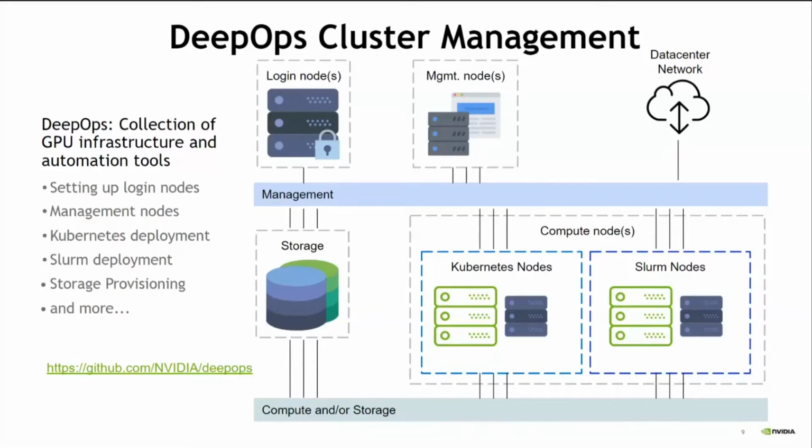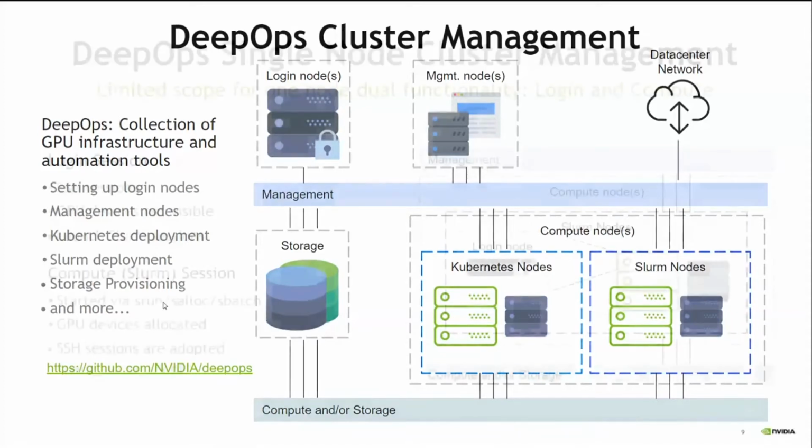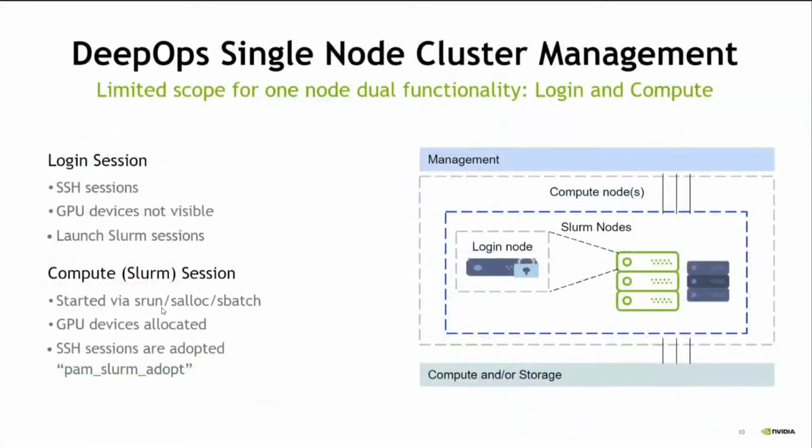But the typical full scope, where you deploy Kubernetes and additional specialized nodes for storage, and other specialized management or provisioning nodes, would typically require a multi-server setup. So for the specialized use case here, what we are discussing is DeepOps in a single node setup.